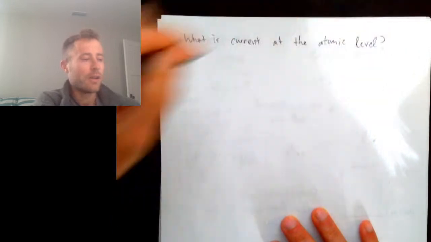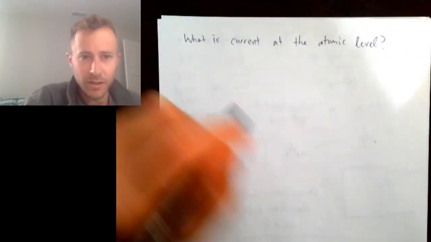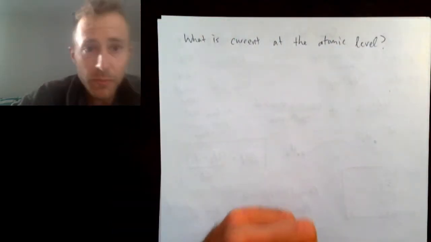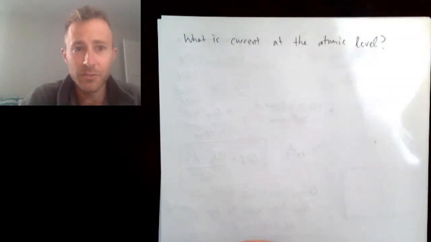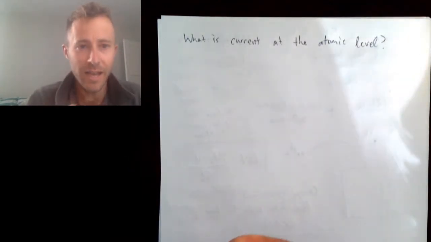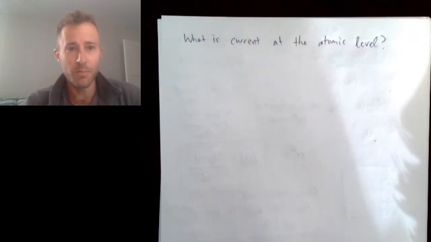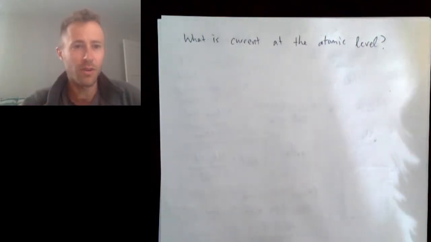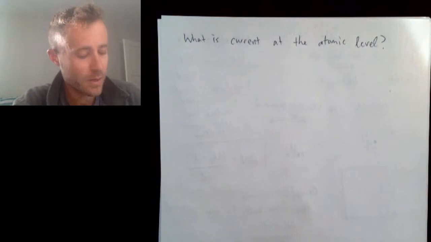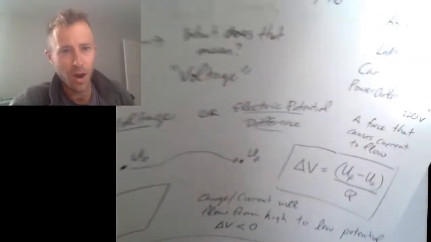And the important point here is that it is not the flow of positive charge. It's the flow of negative charge. It's the electrons that are moving around. This took a long time for people to figure out. This was not obvious at all that it was the electrons that were moving around.